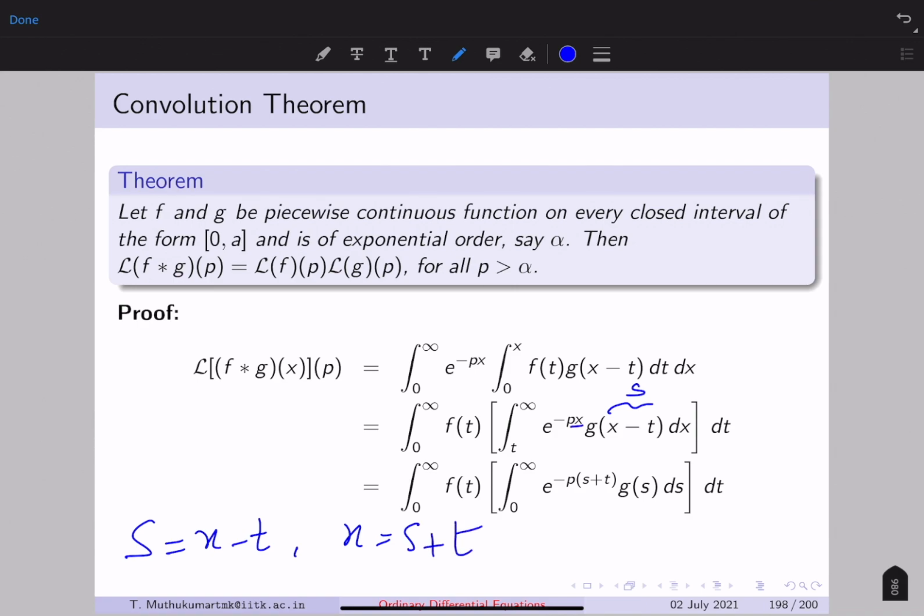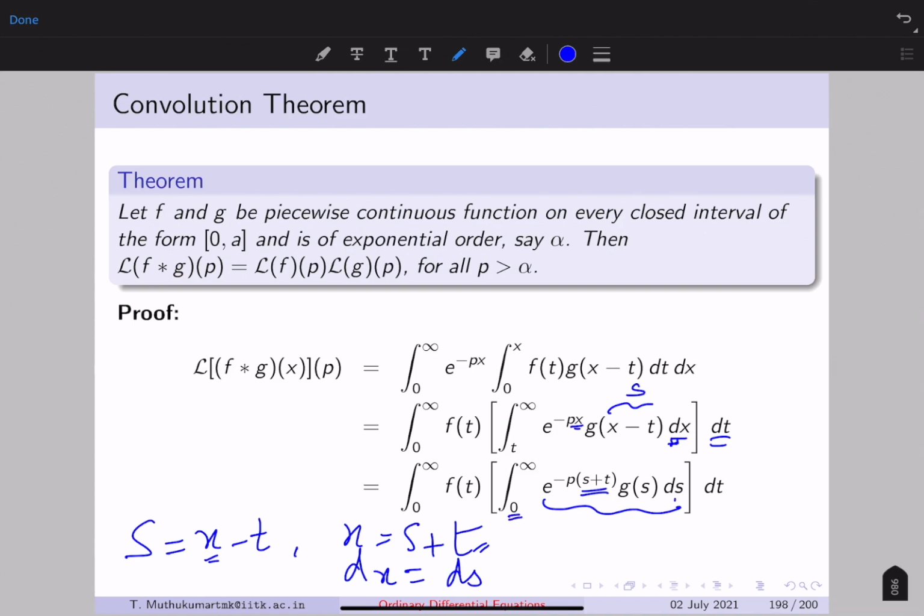So when you have x here, you get s plus t, and dt will not have anything. So dx is what we need to change. Once you do this, t is fixed, so dx is ds for fixed t. So this dx becomes ds, and all these become this. Now the limits: x is running from t to infinity. So when x is t, s is 0.